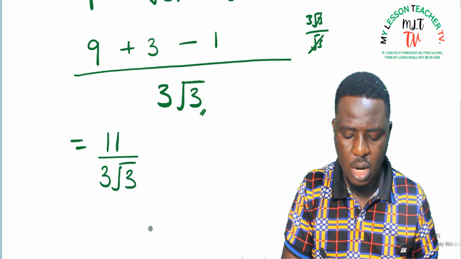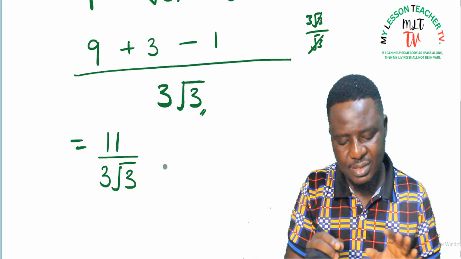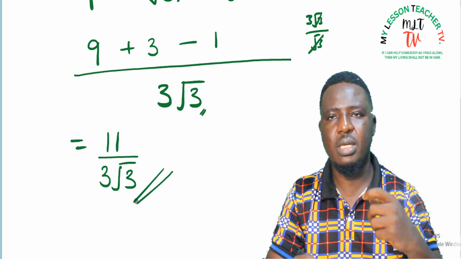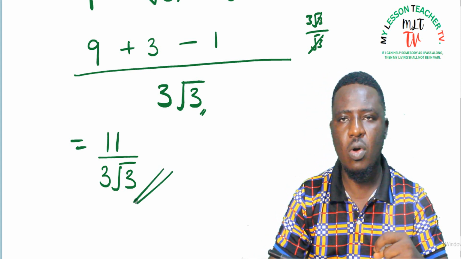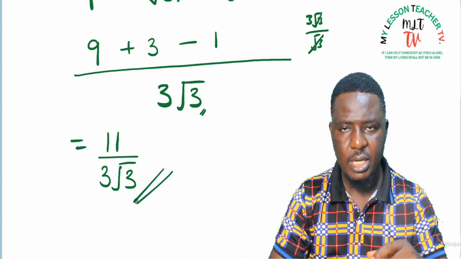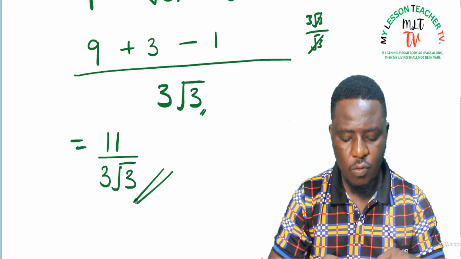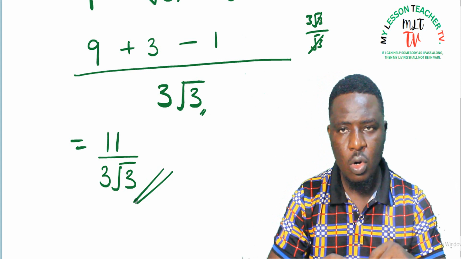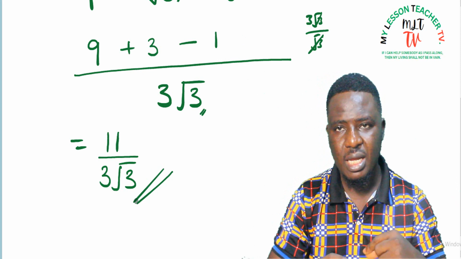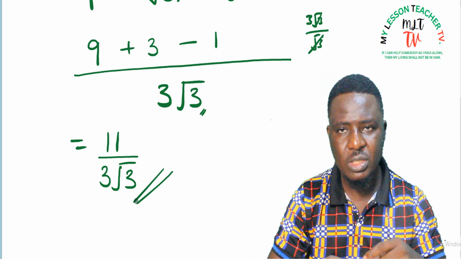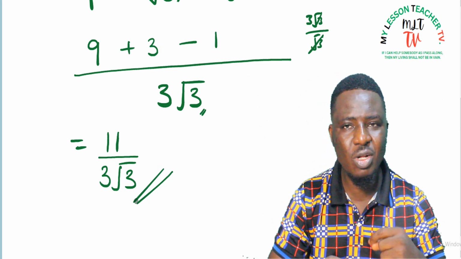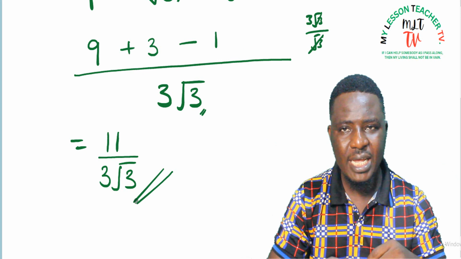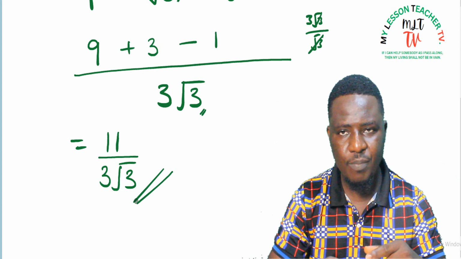Now, I will leave it at this. But in surds or in mathematics, it is not ideal for you to have a denominator which is an irrational number, because it is not easy to divide a rational number by an irrational number.